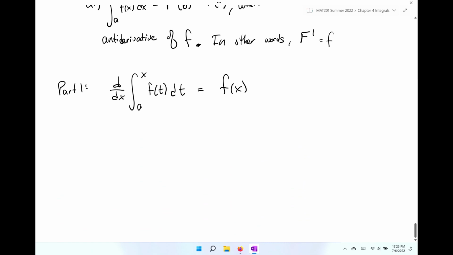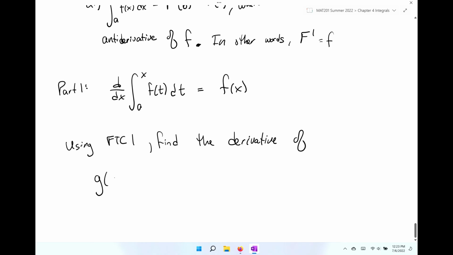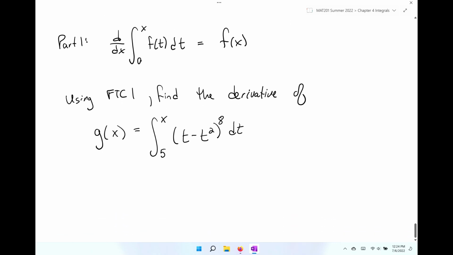If I'm using the Fundamental Theorem of Calculus, Part 1, FTC 1, find the derivative of g(x), which equals the integral from 5 to x of (t minus t squared) all raised to the 8th power, dt.